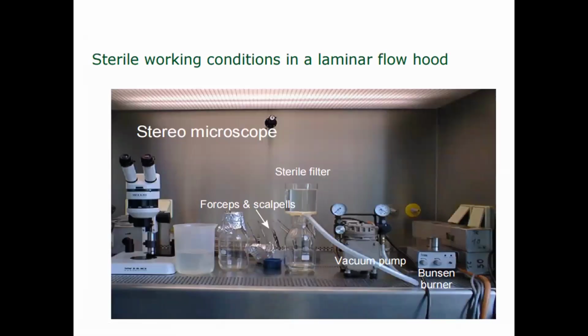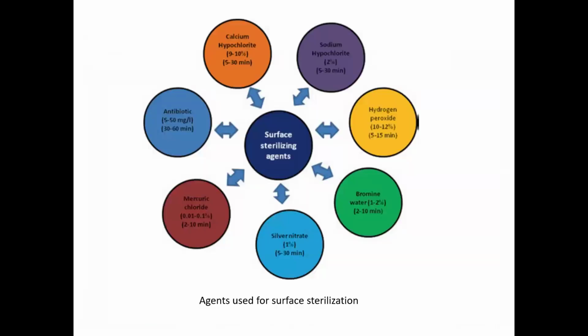Here is how we maintain the sterile or aseptic condition. It is a laminar airflow cabinet. Inside, you can do the job, and the air coming out from the hood does not allow any environmental microorganism inside the bench, so you can do the job in the clean bench.